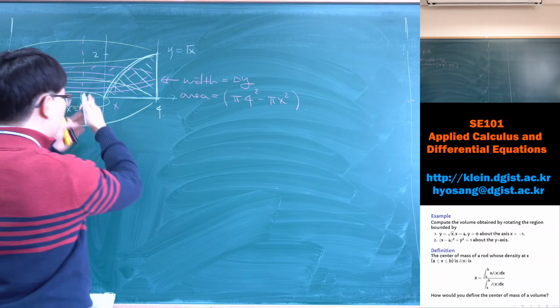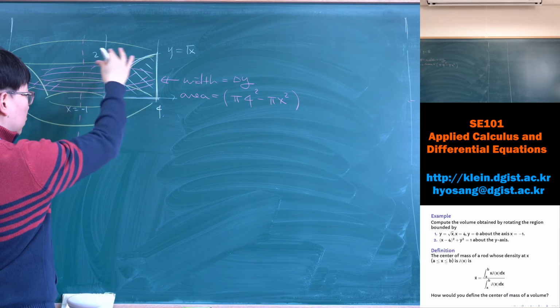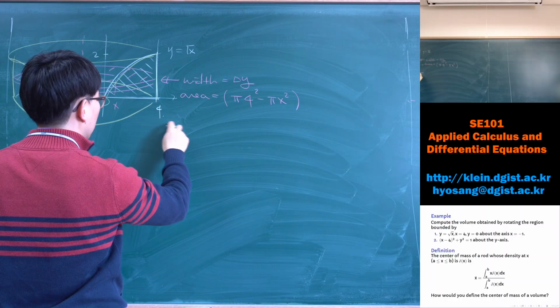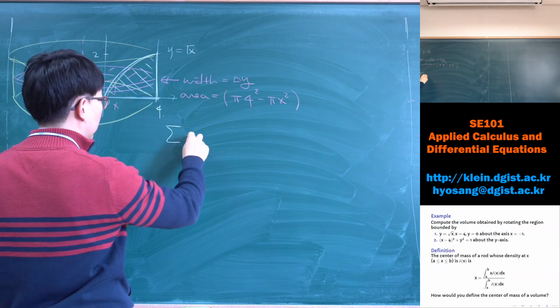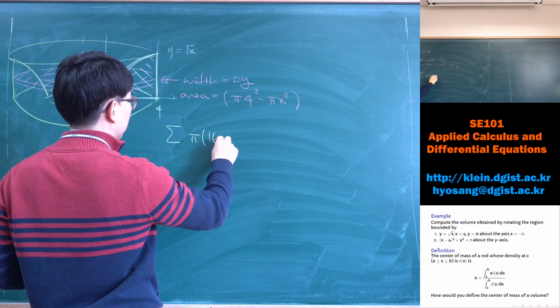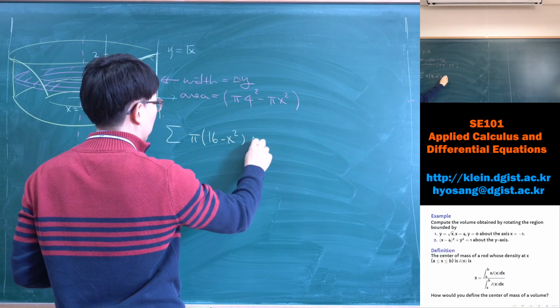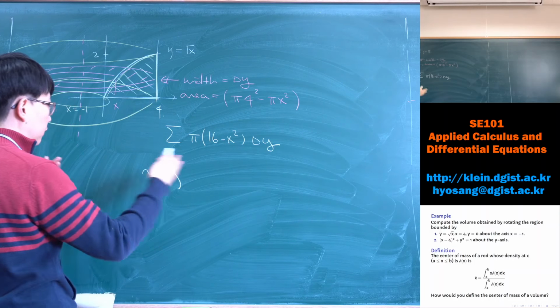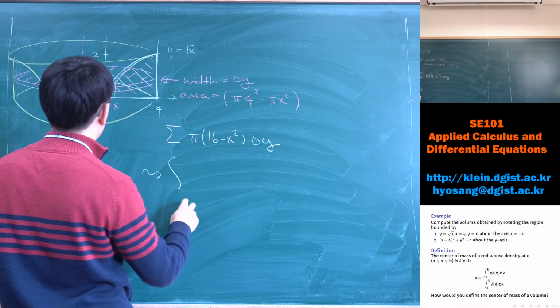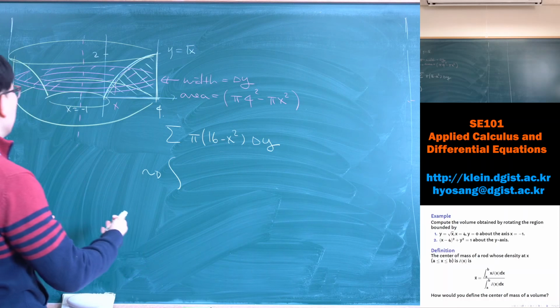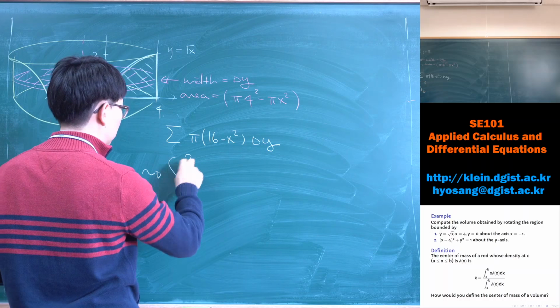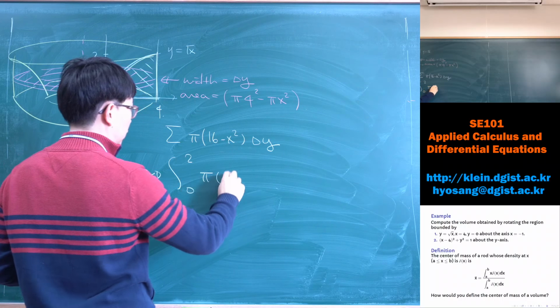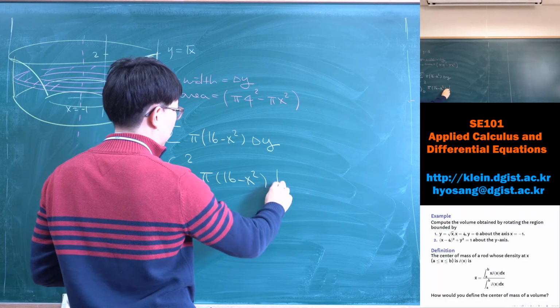So the sum of volumes of each slice is the total volume. So we get total volume given by pi of 16 minus x squared delta y. And by taking an infinite sum, you get, now y is from 0 to 2, the integral from 0 to 2 of pi 16 minus x squared dy.